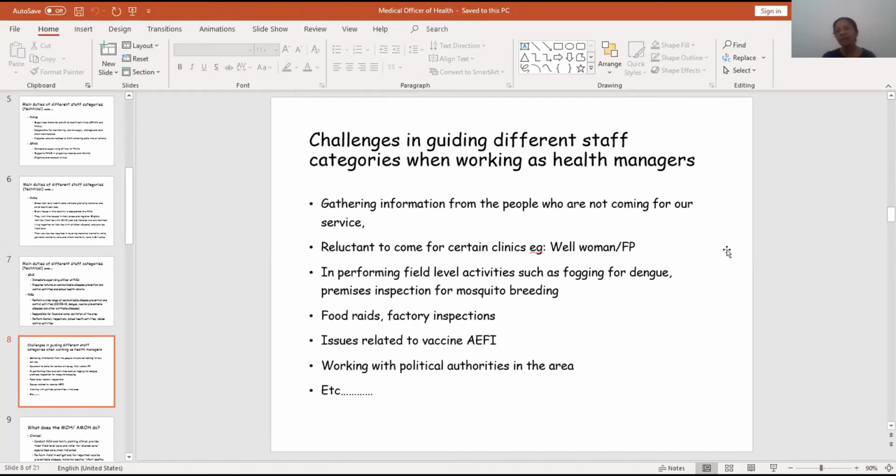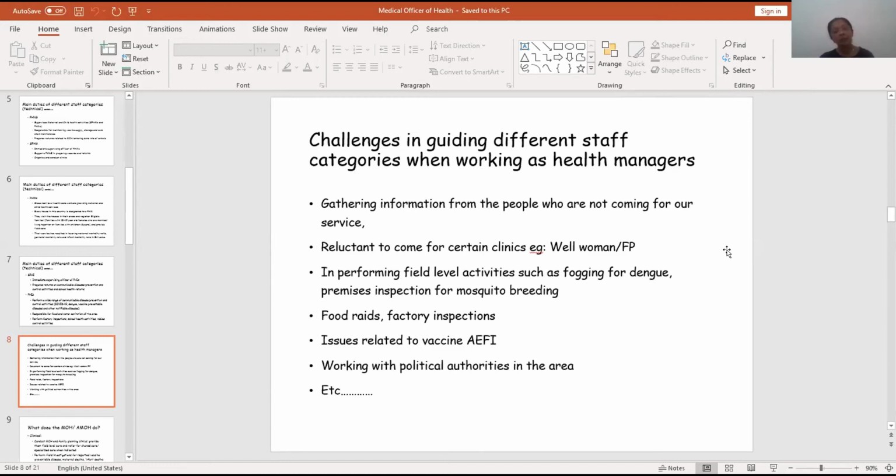If we take an urban area, 20-30% are not coming for our service. They are usually getting their services from the private sector. Most of them are working population, so we do not meet them during our working time. It's very difficult to gather information from them. That is a problem for the PHMs.